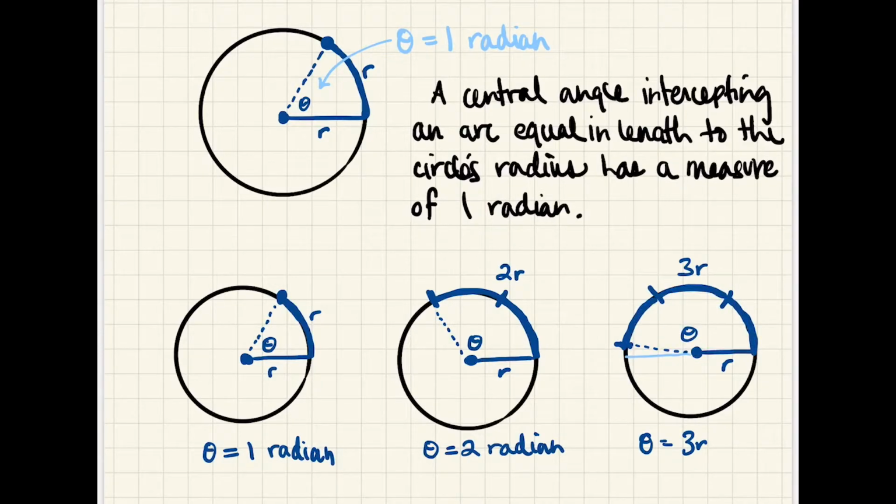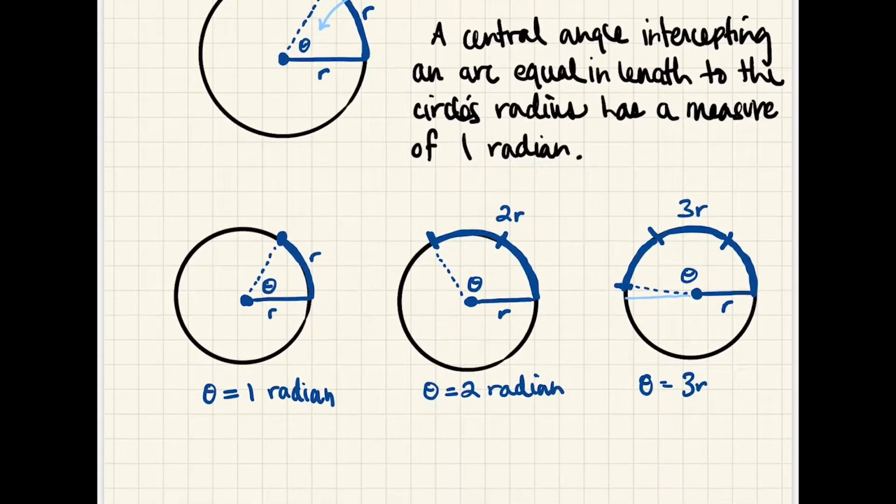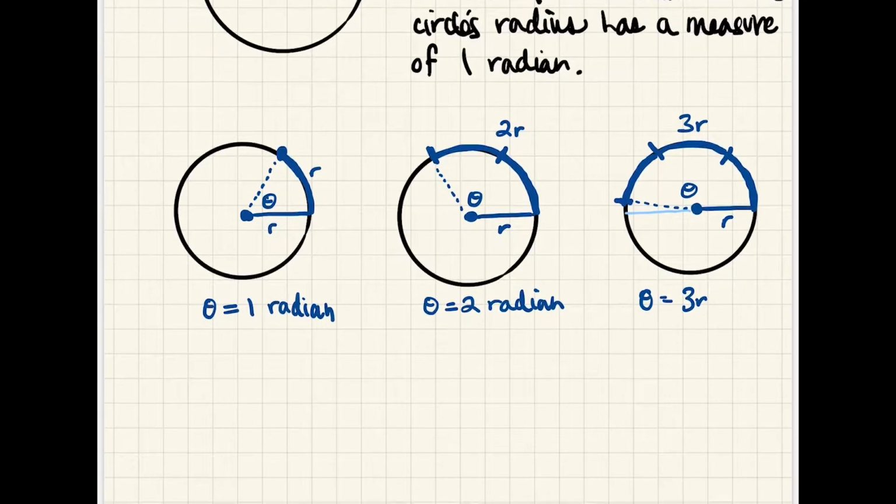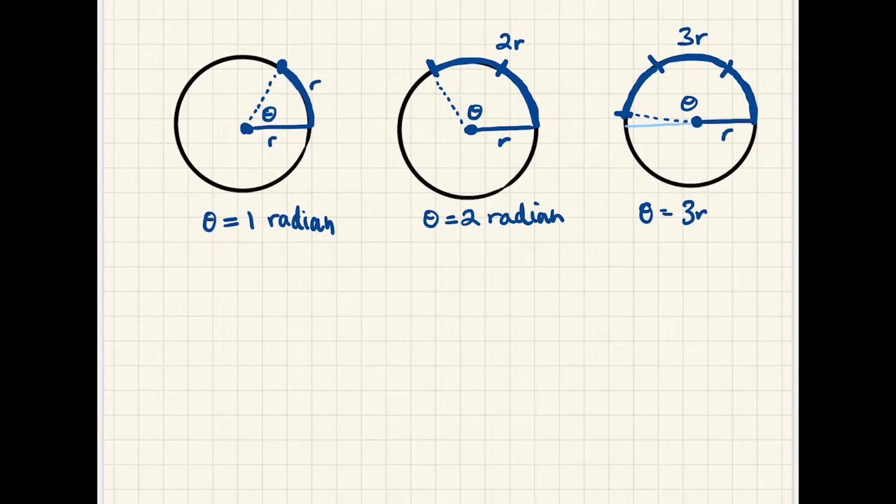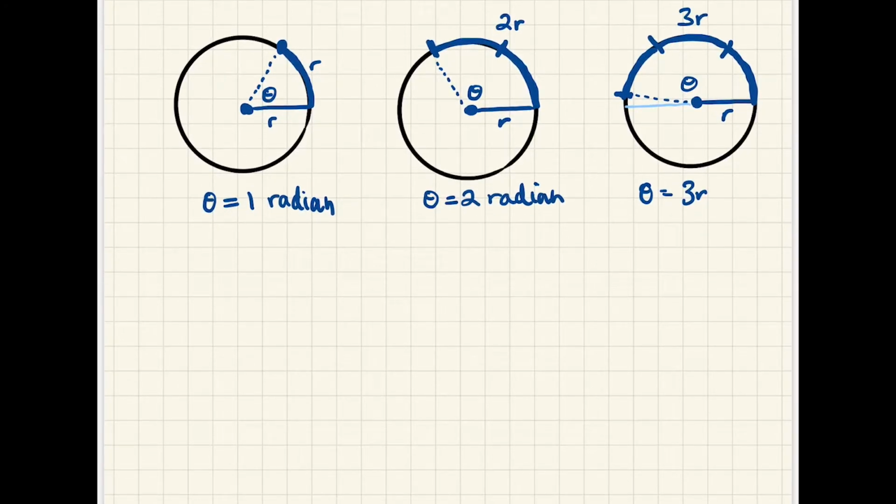So what we are going to need is an exact conversion between radians and degrees so that we can take problems that we understand in degrees and convert directly into radians and vice versa. So in order to do that, we need to see how many radians are in a complete revolution, because we know there are 360 degrees in a complete revolution.